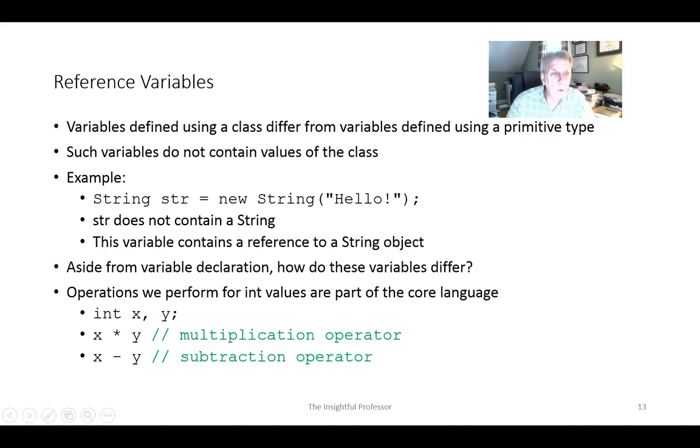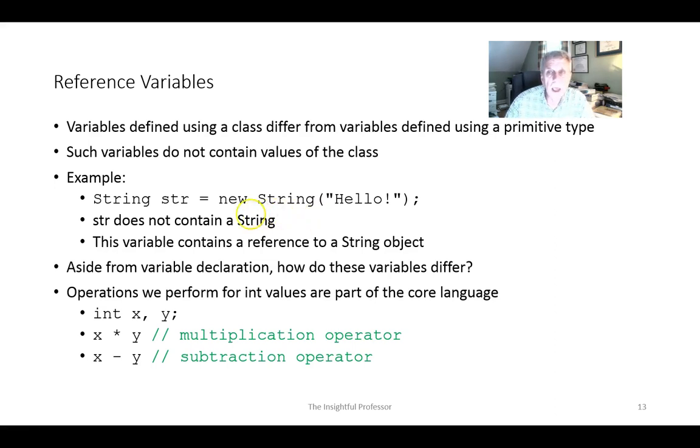So for example, when you define str as string, str becomes what's called a reference variable. The value that will be stored within the storage allocated to str will effectively be like an address or a pointer. It will be a reference to where the object actually resides.